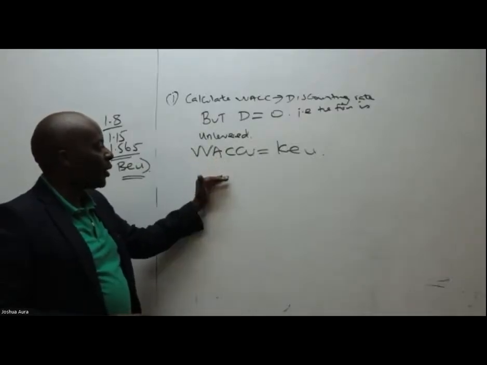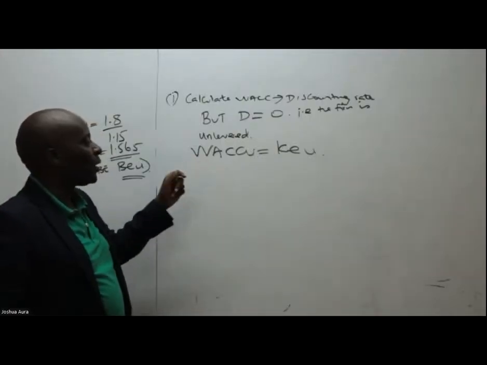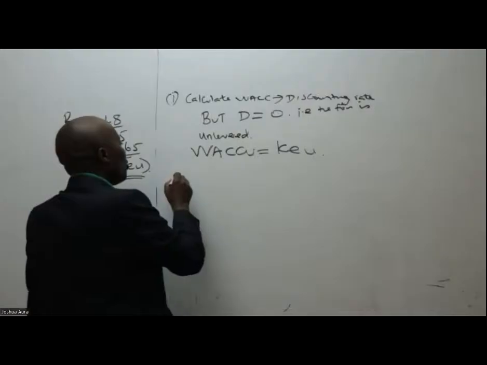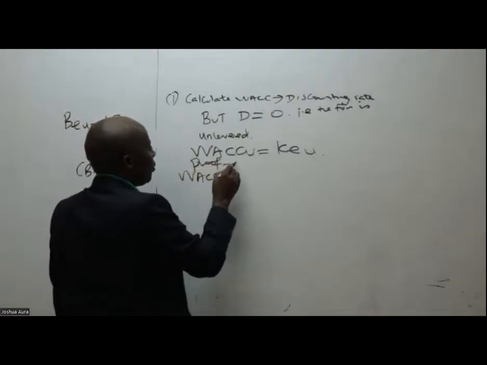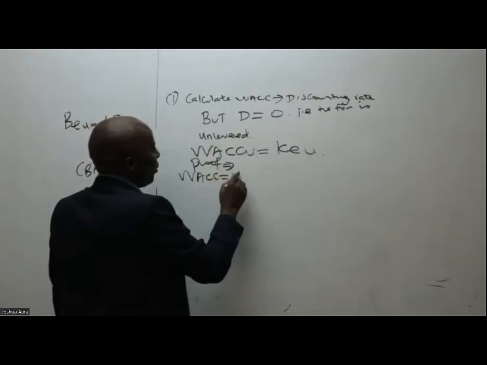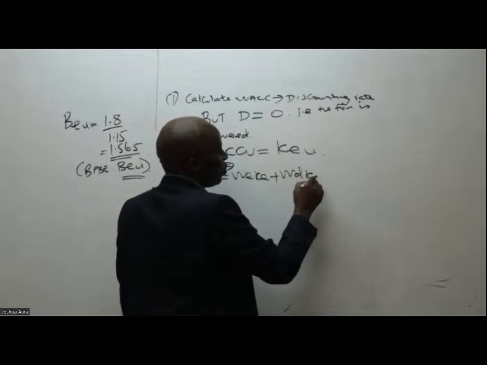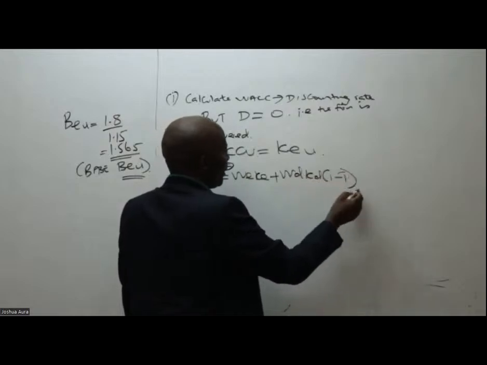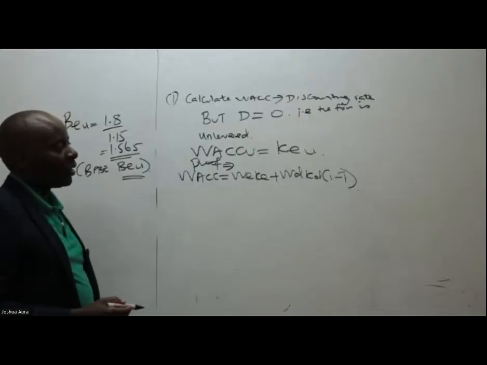No. It's WACC_U equals Ke_U. And we can prove this, because to get WACC, we take weight of equity times cost of equity, plus weight of debt times cost of debt, times 1 minus tax.